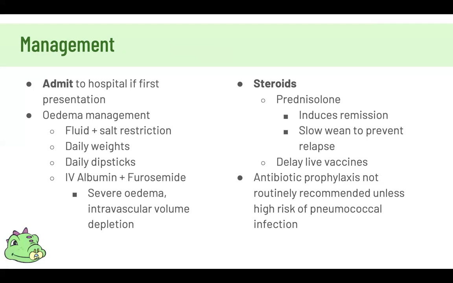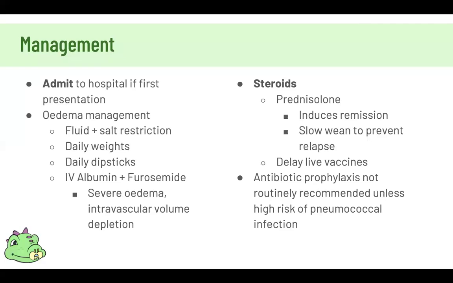So putting the child on a strict fluid and salt restriction. Doing daily weights and daily dipsticks to monitor disease progression is very important as well. And if there's quite severe edema and they're very intravascularly volume depleted, then you'd consider things like IV albumin and furosemide. So that would be reserved for quite severe cases where there's some sort of shock involved.